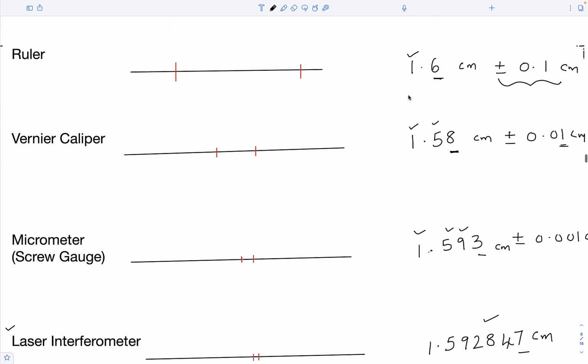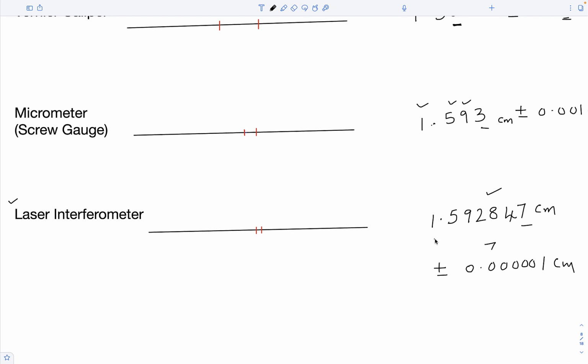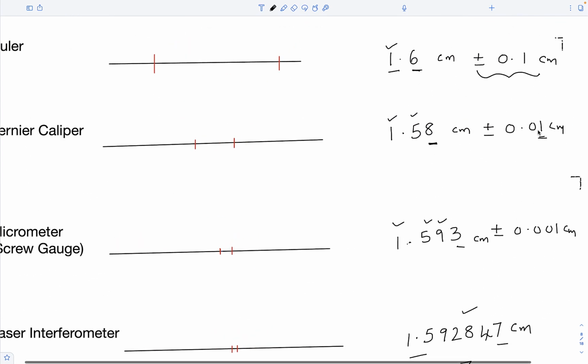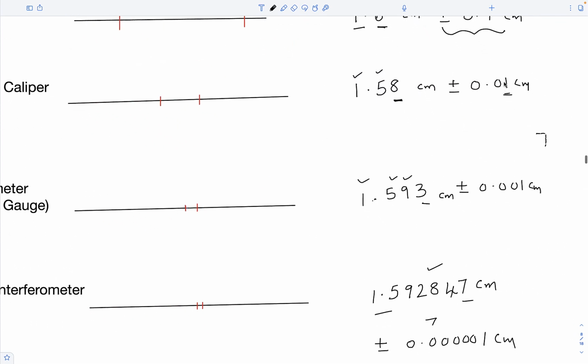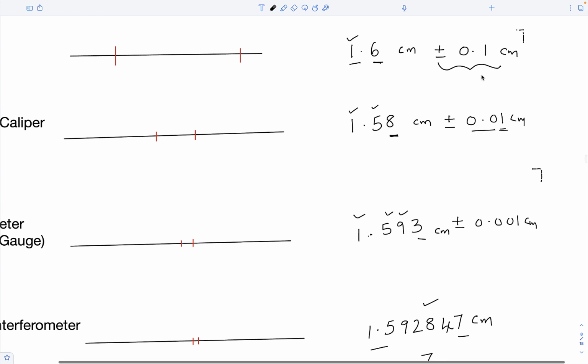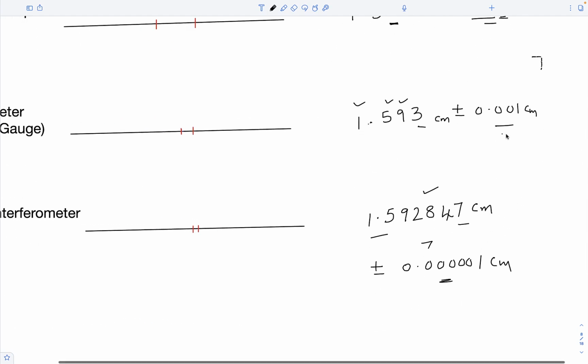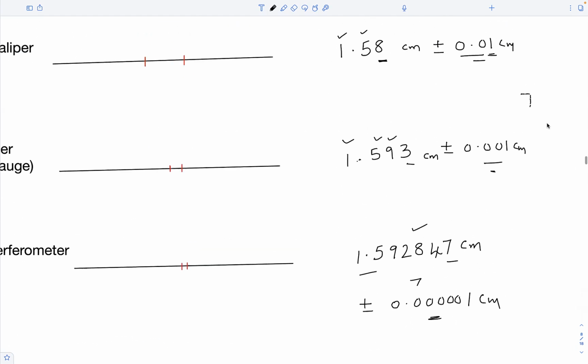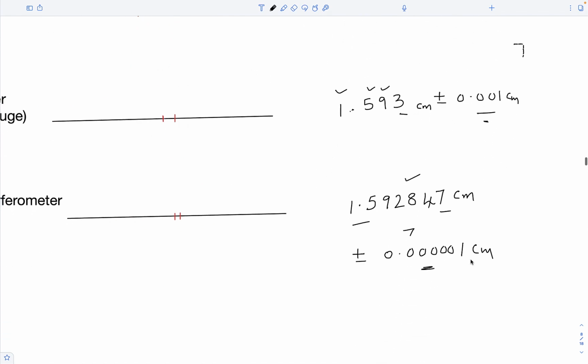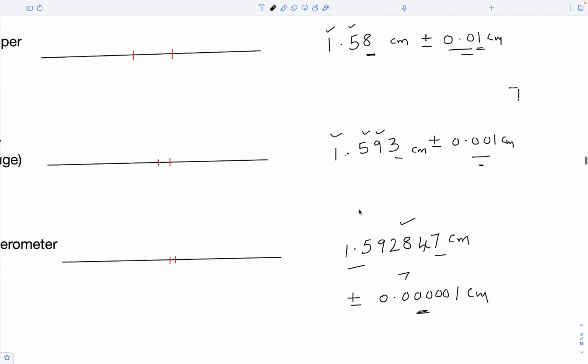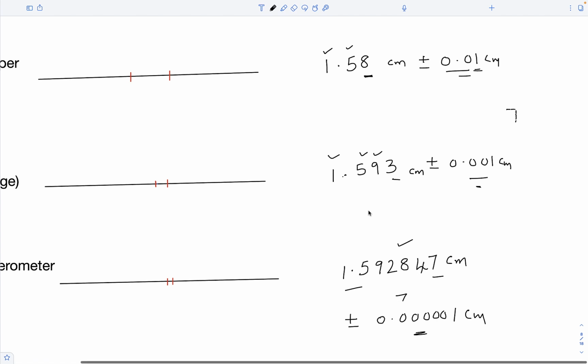So that means as we go from this measurement to this measurement, the amount of uncertainty is reducing. 0.01 is smaller than 0.1, and this is smaller than this, and this is way smaller than this. So the amount of uncertainty is reducing, or in other words, the certainty of the measurement is increasing, or the exactness of the measurement or the precision of the measurement is increasing.